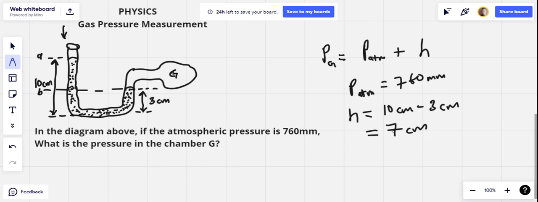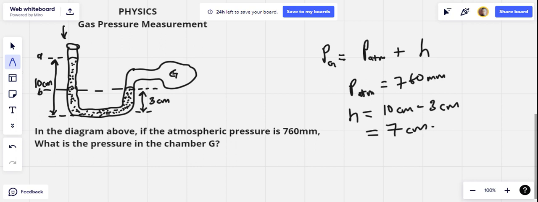Normally we should plug this in and add these two to give us the pressure of the gas chamber. But we don't just add them, because the unit of the pressure height is different from the unit of the atmospheric pressure. We have to make both of them the same unit. In this case, I will make 7 cm be in millimeters.